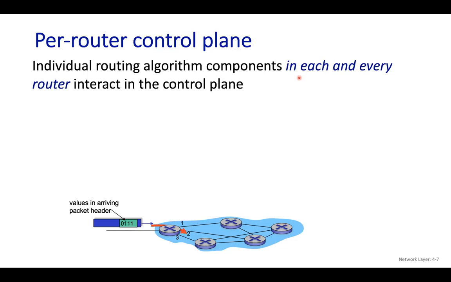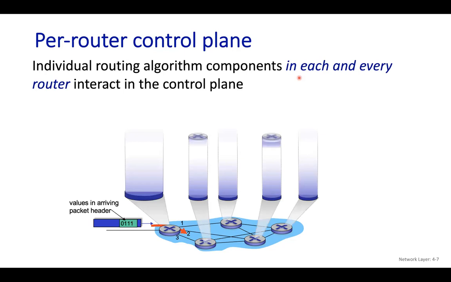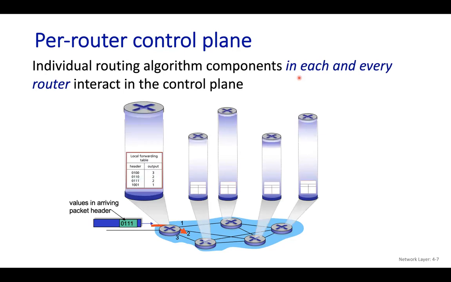For example, why do we forward this datagram to link 2, the output port 2? We should have some local table. You just look up the table, and then you decide which is the output port. Here you can see we have the local forwarding table.